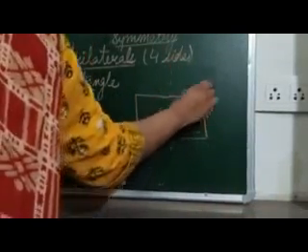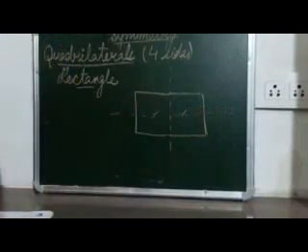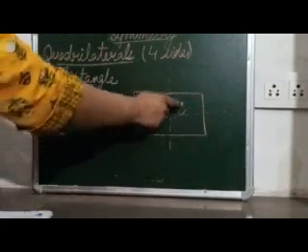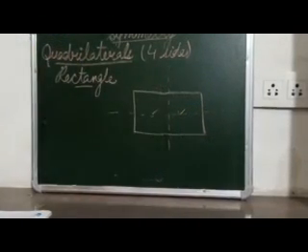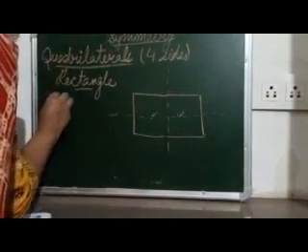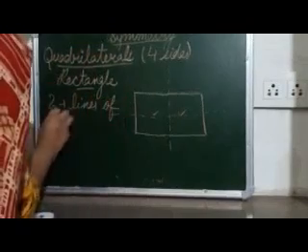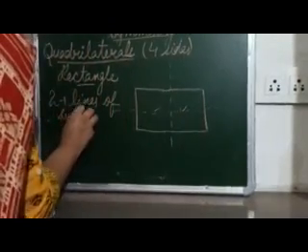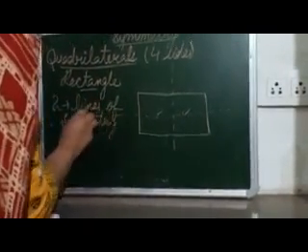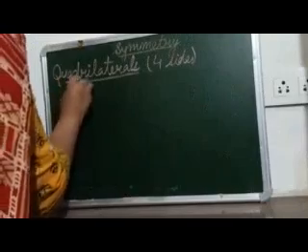Firstly we can divide it like this, or we can draw a horizontal line. So we can divide it by two methods. That means there are 2 lines of symmetry in a rectangle. Coming to the next type of quadrilateral, that is a rhombus.